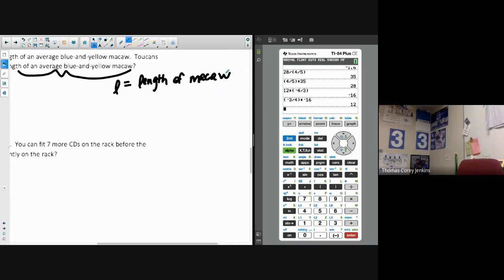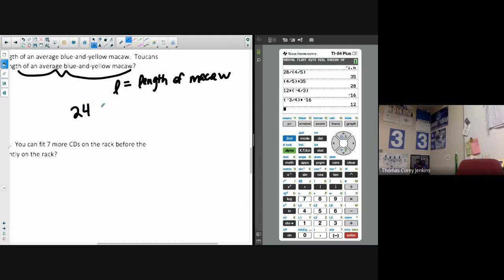All right, so just to recall, let me reread this. The length of an average toucan is about 2/3 the length of a macaw. So do we know the length of the toucan? Yes, the length of the toucan is 24 inches, right?